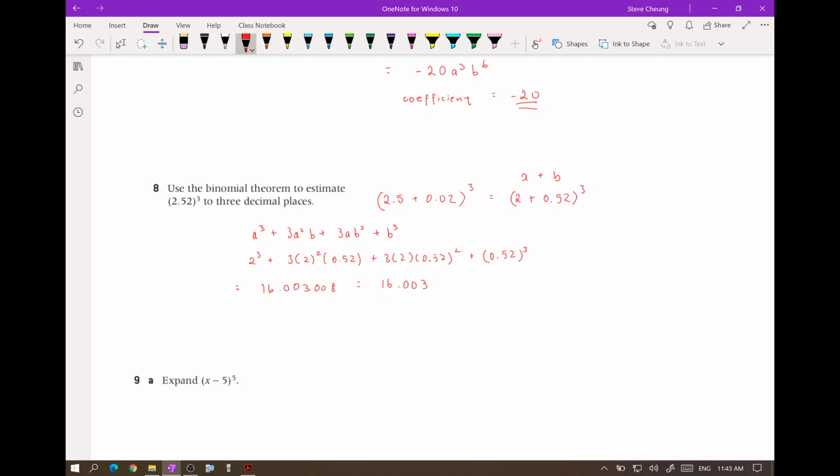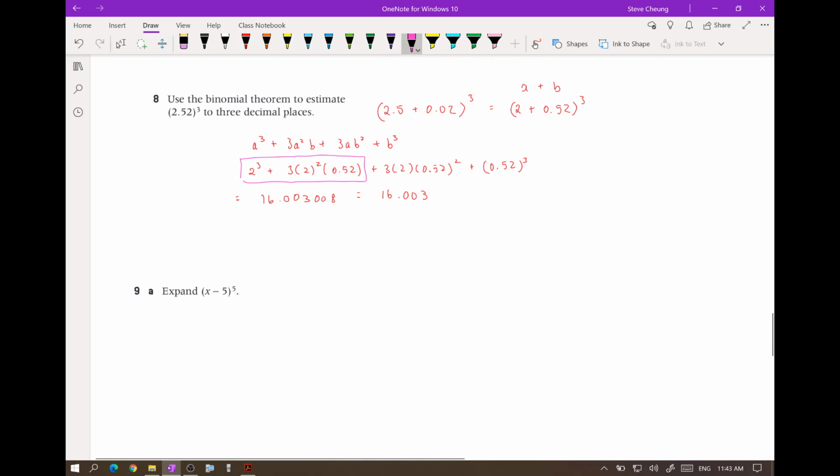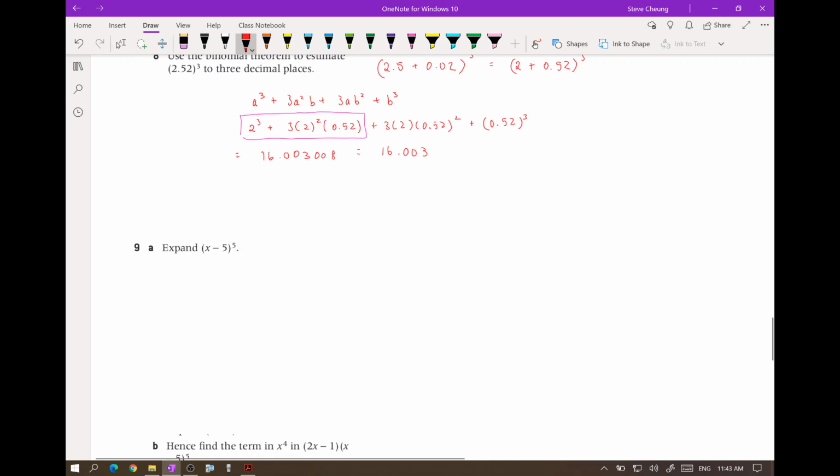They could have asked, can you approximate 2.52 to the power of 3, maybe using two terms of the expansion. So maybe you can just use the first two terms to get an approximation, rather than asking you to round it at the end, because this is not breaking down in a way where you can see where the accuracy of the decimal place will stop. But nonetheless, it's still an application that can be harnessed.